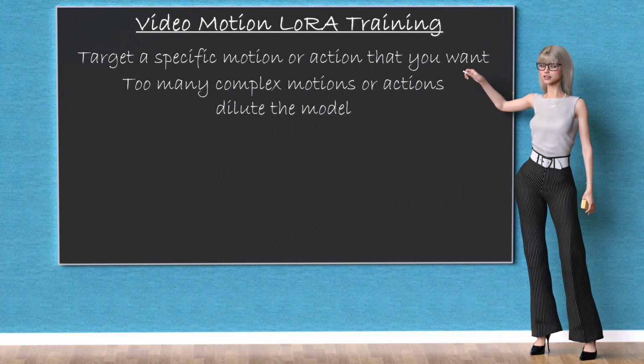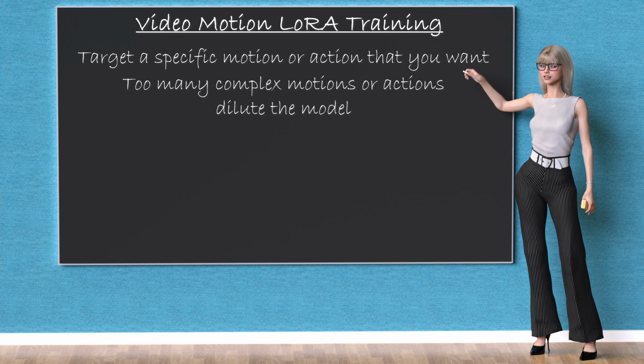So you want to limit it to simple motions, and your source videos are going to keep showing that same motion, possibly from different angles, but we can talk about that when we get to source videos. Basically you're making a decision: I want to capture a specific action, a specific motion, and limit it. If you limit yourself to that, you're going to have a much greater chance of success.